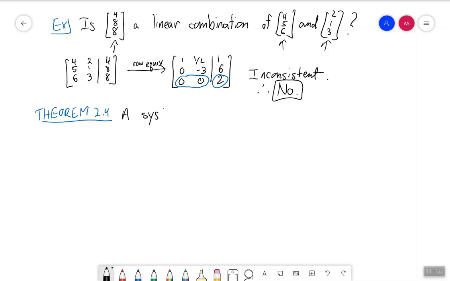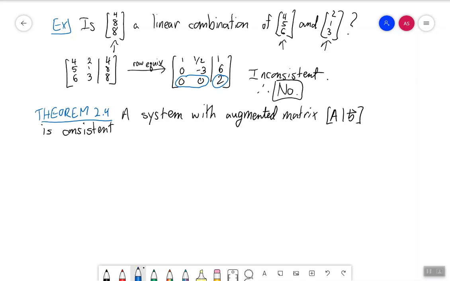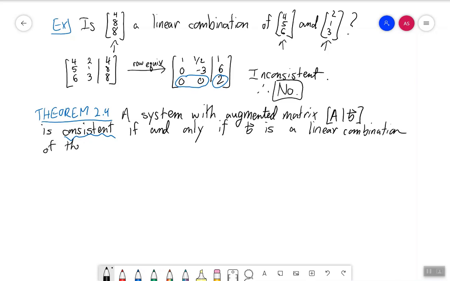A system with augmented matrix A, B is consistent if and only if the vector B is a linear combination of the columns of A.